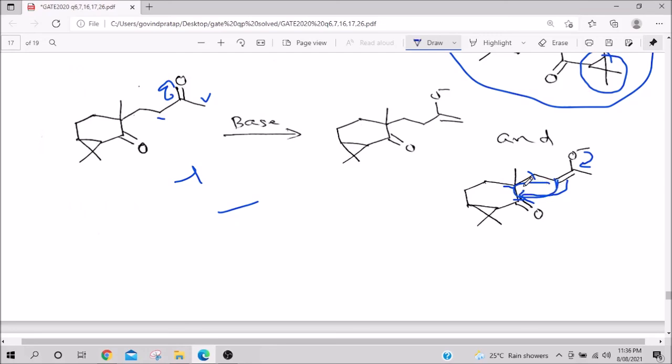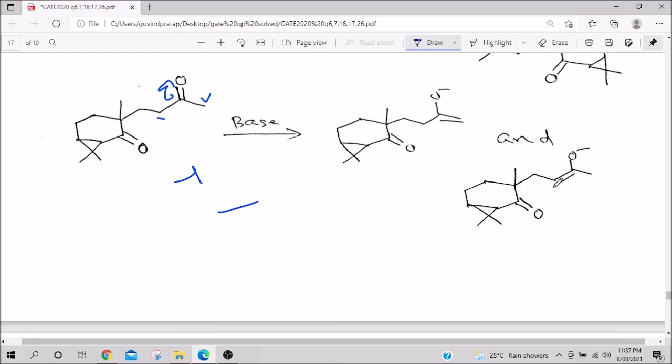Now remember, always remember, a 4-membered ring is the worst ring. It is neither kinetically nor thermodynamically favored. A 3-membered ring is also very unstable, but at least a 3-membered ring is kinetically favored. Kinetically means it happens very fast. It may not stay longer because it is very unstable. But a 4-membered ring is not even kinetically favored. So it does not happen. Even if it forms, it will not be stable.